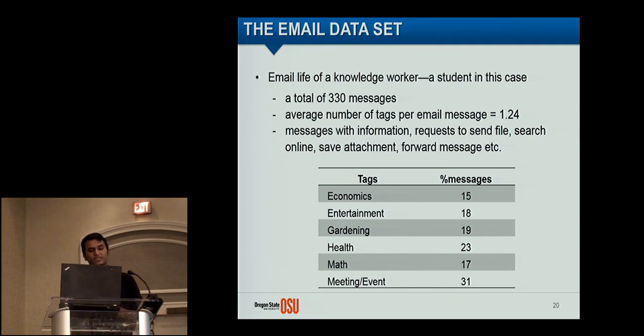That's why the average number of tags per email message was 1.24. These messages basically simulated the life of a student. Some of the messages were completely informational about different courses. Some were group work related, so a fellow student requested to send some file or reply to some other message. Very similar to what we do as graduate students.